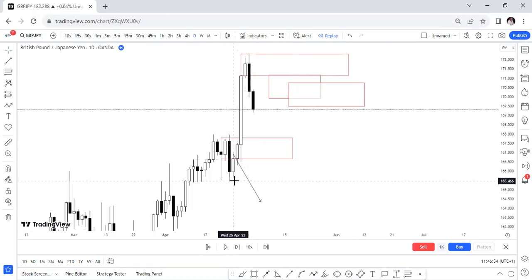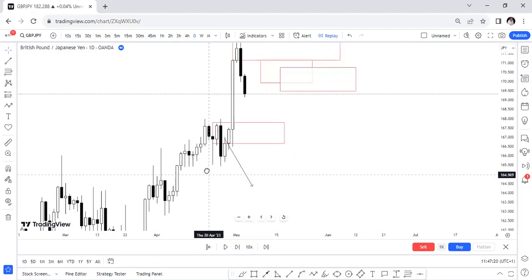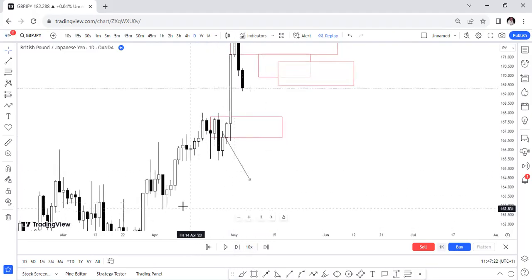But here we now have a strong high, because there was a displacement coming down. If it takes down this place, this place becomes a strong high and this becomes a strong low. But for now, this is a strong low because it has never been taken out, until it is taken out, before we can conclude that it is a failed low or a weak low.